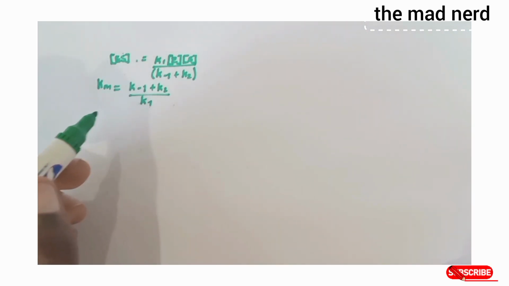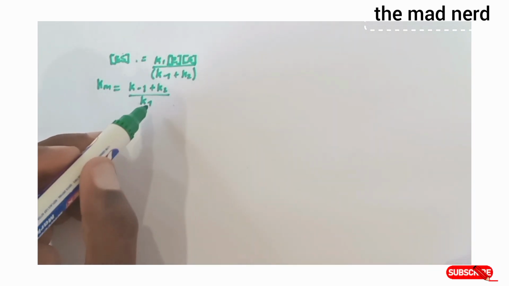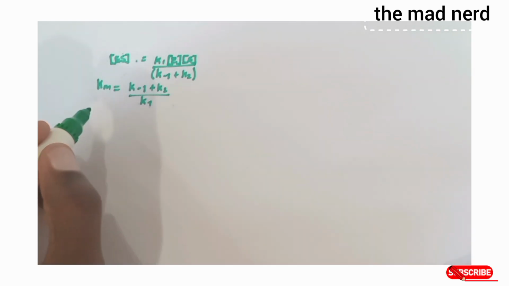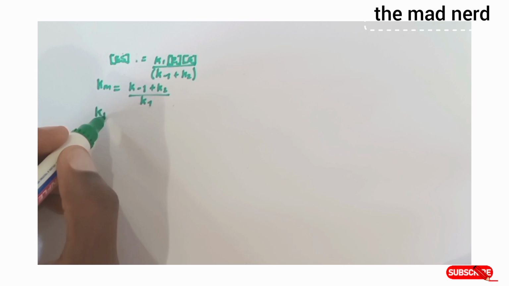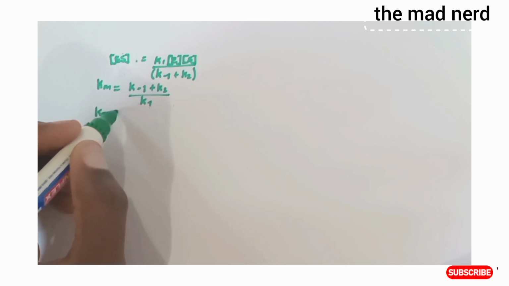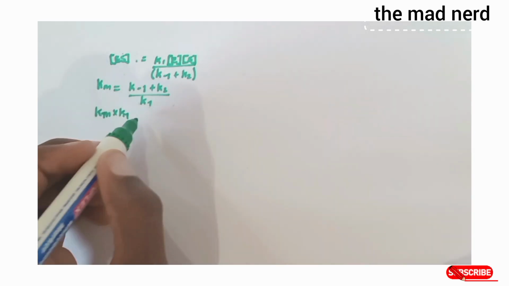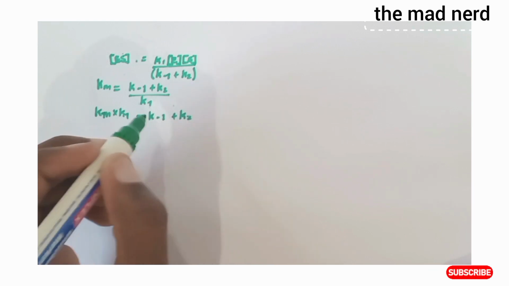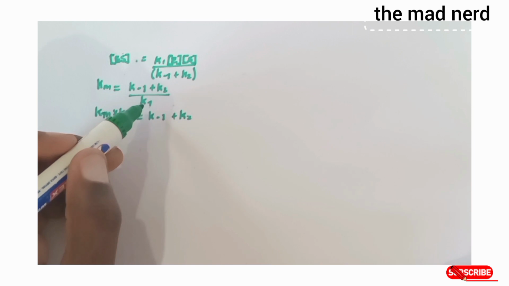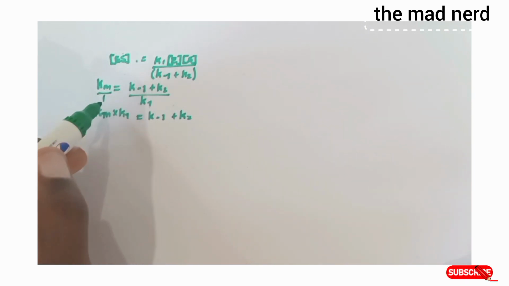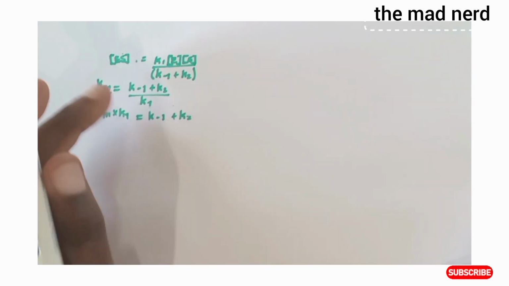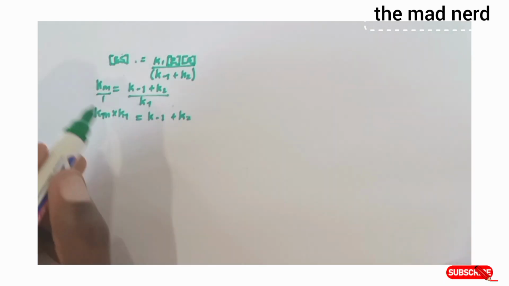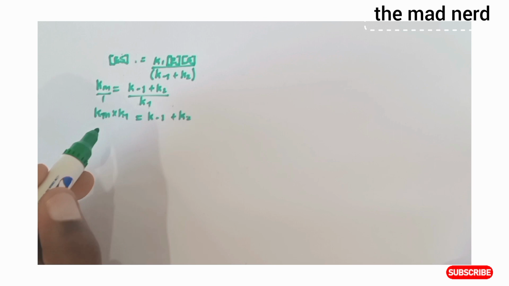And now what we can just do, we can just try to find the K of +1 over here, and then say Km times a K of +1 is equals to a K of -1 plus a K of +2. What we just did over here is to cross multiply everything, and then I say the K of +1 with a Km over there, as you can see.